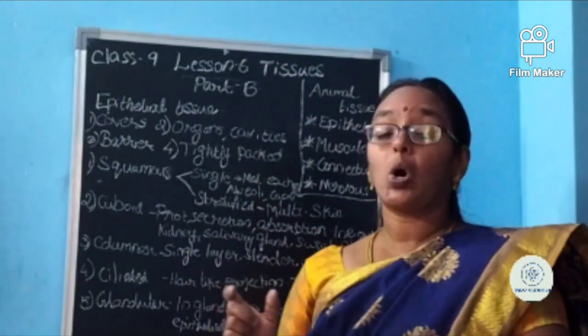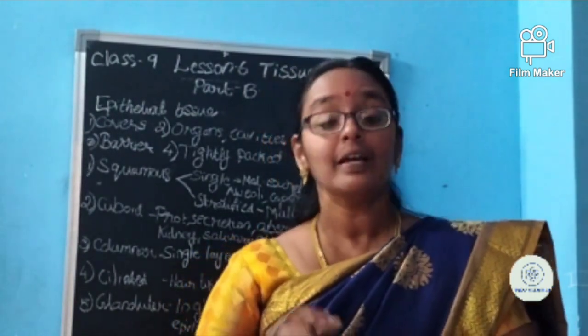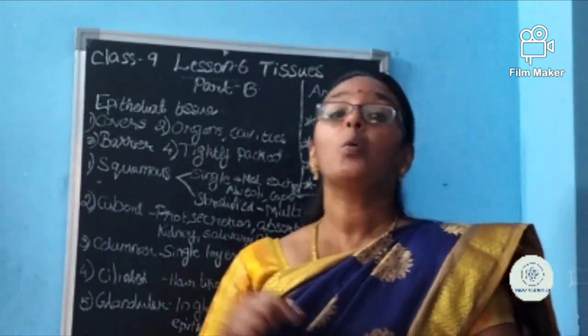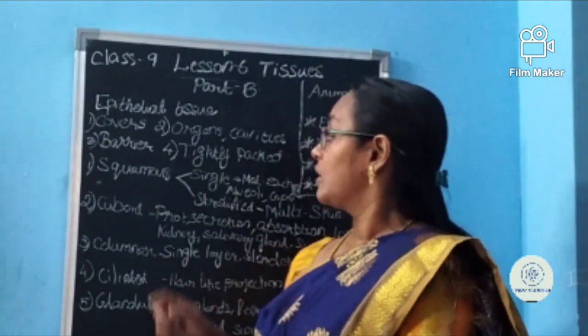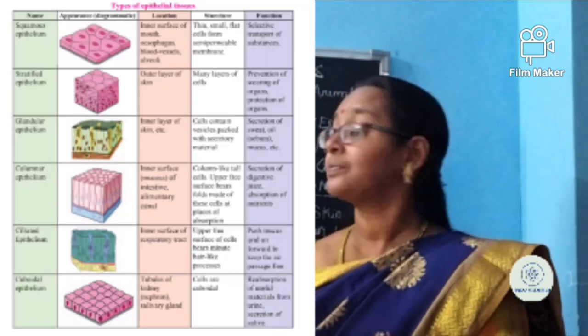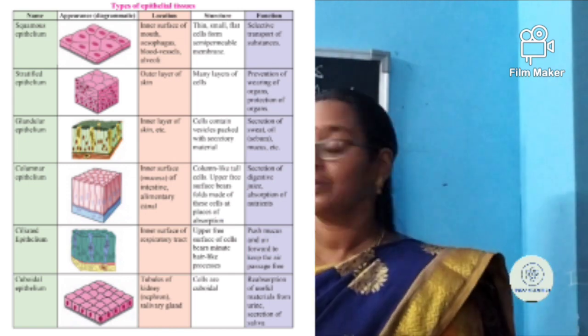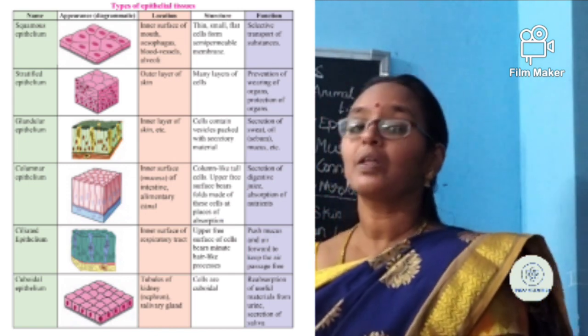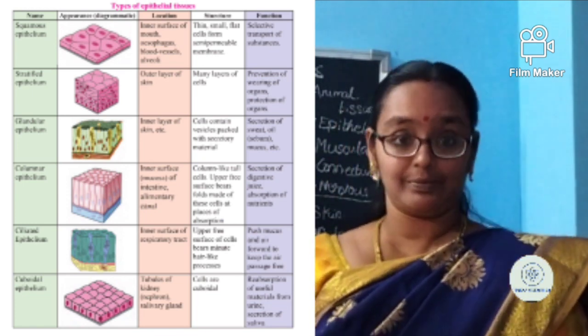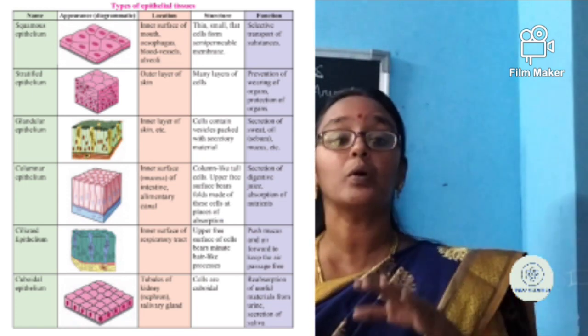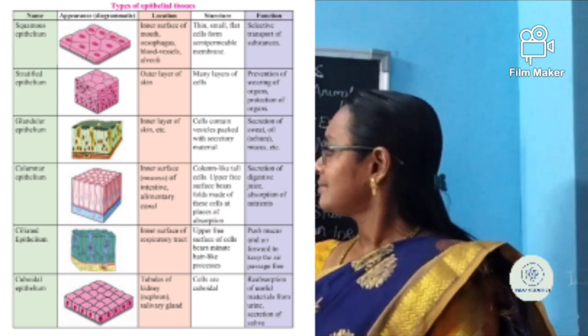Based on the place where the epithelial tissue is found, we categorize it into mainly five types. First is squamous, second is cuboid, third is columnar, fourth is ciliated, and the fifth is glandular. We are going through each one in detail.